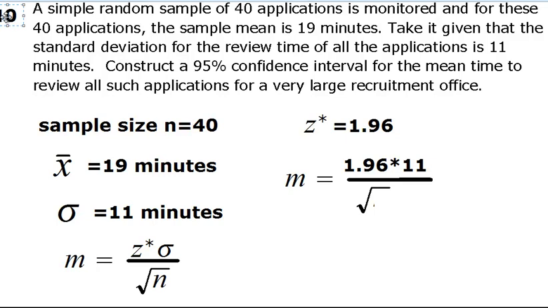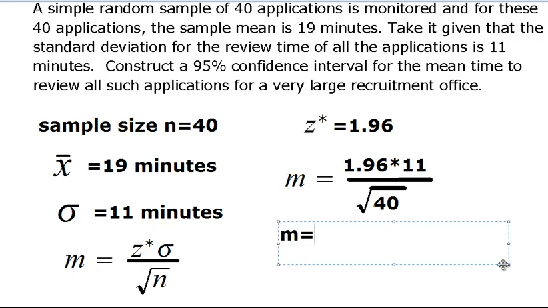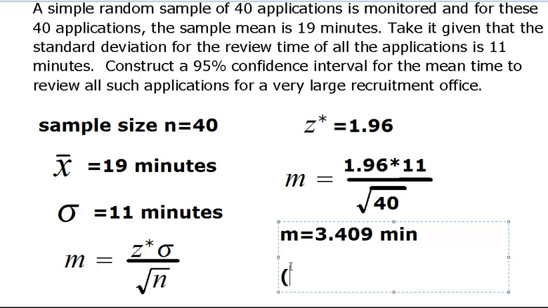Let's bring 40 in here, and stretch the square root just to make sure that we don't make any mistake in computation. If you compute this value with your calculator, you will find that m is approximately 3.409 minutes, and you can use that to write a confidence interval.